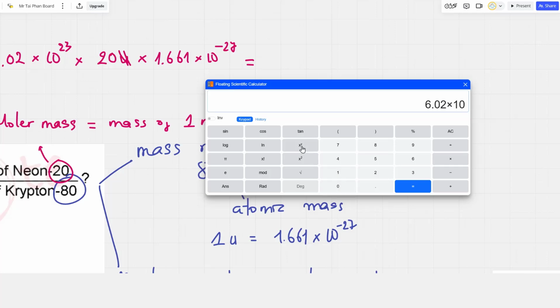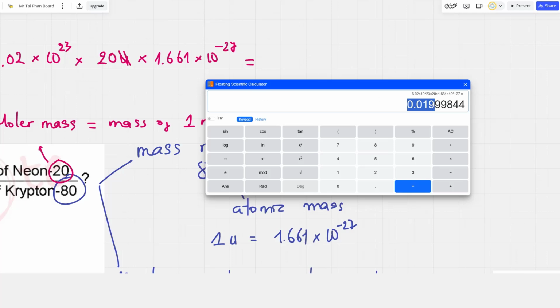6.02 times 10 to the power 23, then multiply with the mass number 20 U, which is times 1.661 times 10 to the power minus 27. Yes, it's very close to 20 gram.